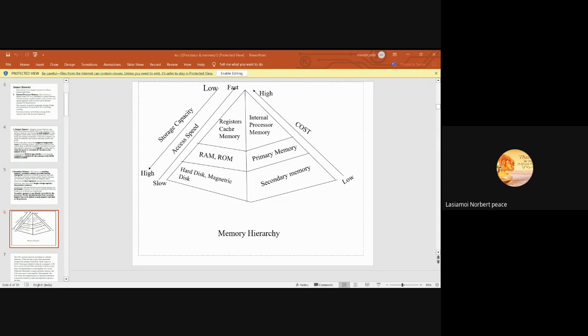Then we have the RAM and the primary memory. Their costs are also a little bit higher than the hard disks due to their faster speed and accuracy, and also it's easier to access. Their access speed is a little bit faster. Then the hard disk and the magnetic disk are slow, so their storage is high. They have a high storage capacity at slow access speed. That's all I can remember.